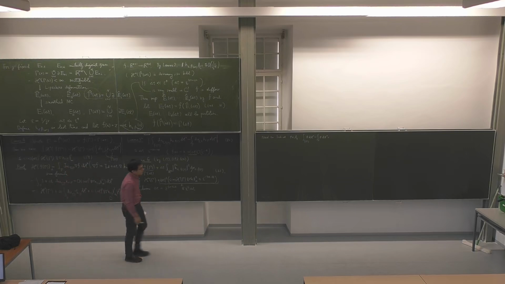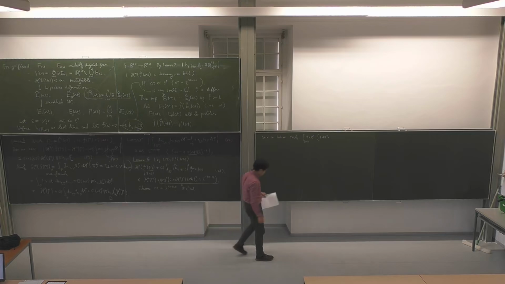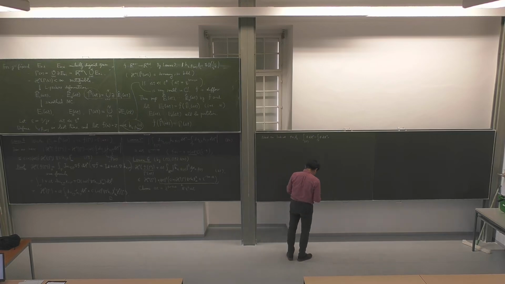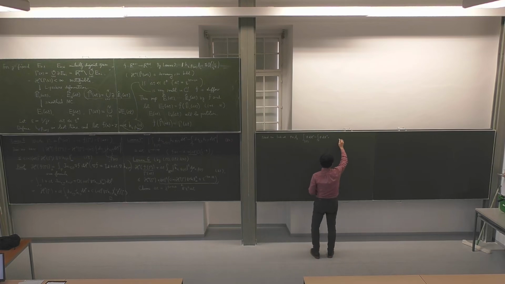Another thing you need to do is the volume change also. This is related to the BV formulation. So you also need the volume change of delta t phi. This phi is actually not the same phi; it is any C1 compact function.